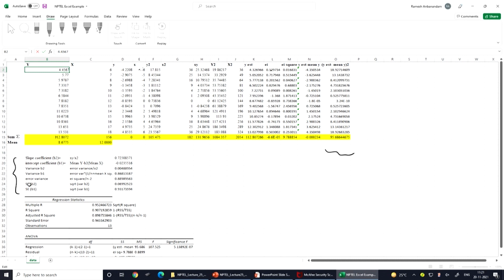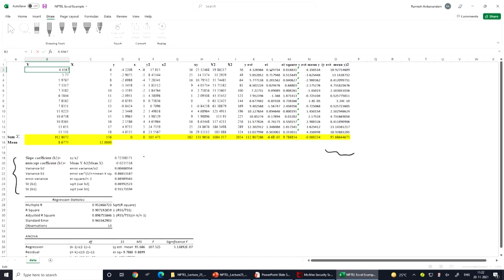Error variance, then the variance is multiplied by 1 upon n plus mean value of x squared, with the error variance adjusted with the degrees of freedom. Then the square root of each of those variances is derived.